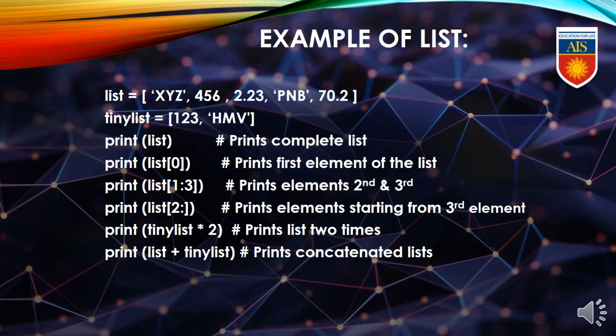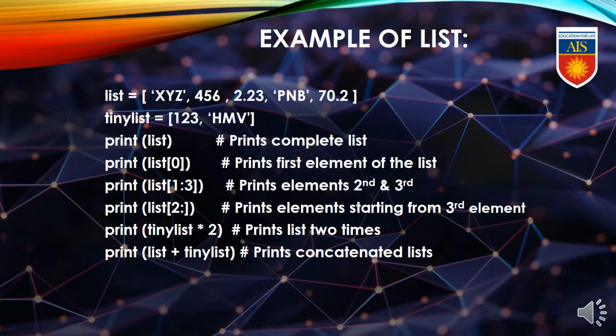If you follow these two examples, you may notice that we are using string, character, float value and integer value together. Next option is print list. This statement prints the complete list. Print list 0 lets the user access the first element of the list. Next option is print list 1 colon 3.